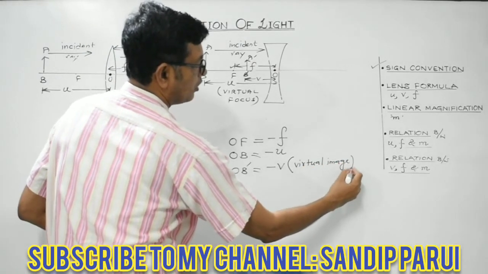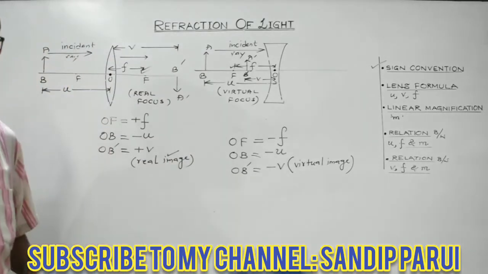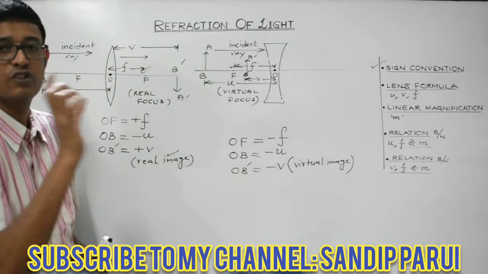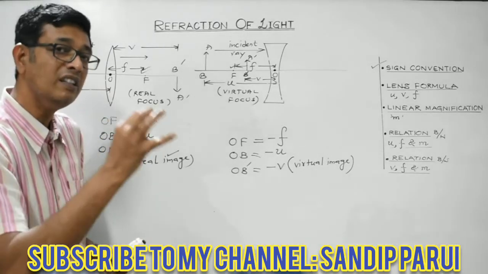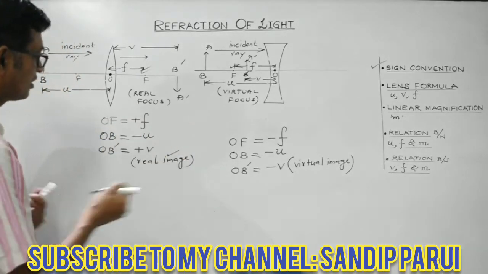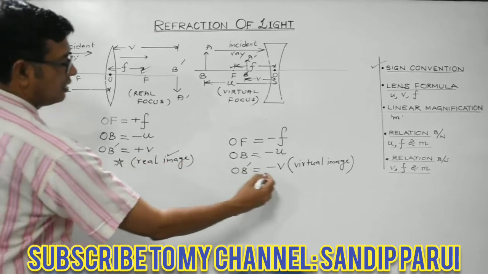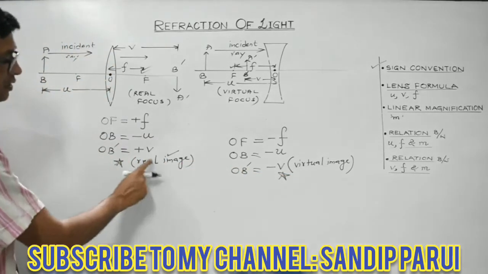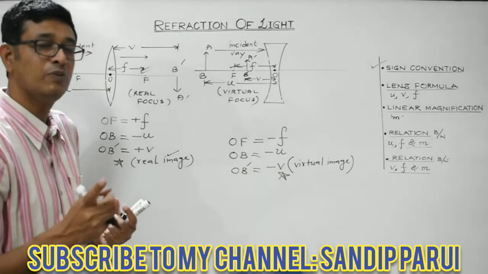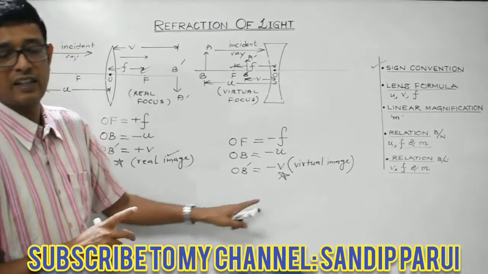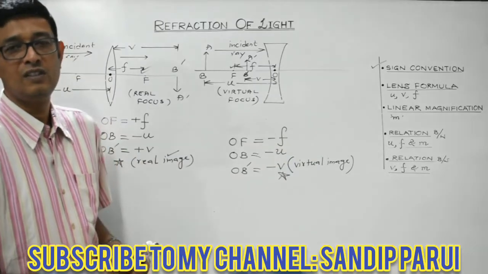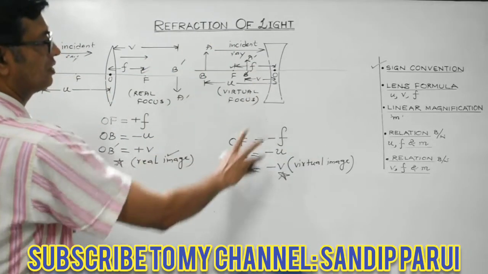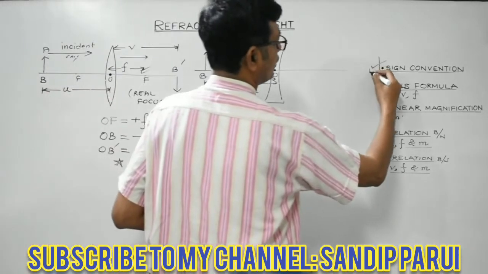By observing the sign of V, whether negative or positive, you can predict the nature of the image. Students, this is a key point: in the case of lenses, if V is positive, then the image must be real. In case V is negative, then the image must be virtual. So this is about the sign convention.